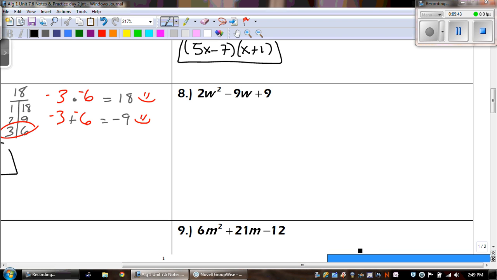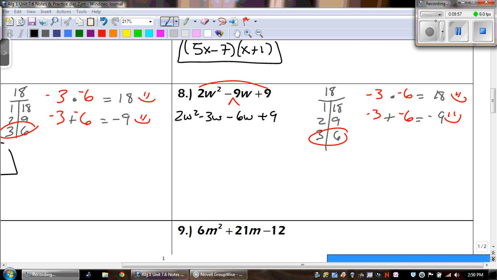Why don't you guys go ahead and try number 8 on your own? Pause the video, and good luck. Okay, so you should have gotten 3 and 6, and I already split the middle term. So now I'm just going to take out the factors. The front, we had a w that we can take out. And we're left with 2w minus 3.